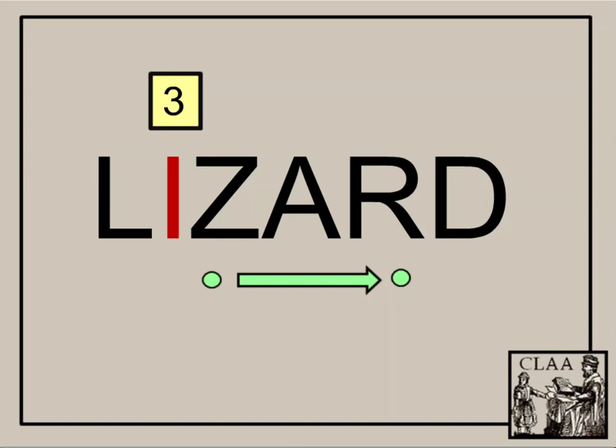If we followed the normal rule for reading the letter I, we would read this word as lizard, but that would be wrong. This is an irregular word. In this word, the letter I is read with the short I sound. We would read this word as lizard, lizard. This is another irregular word.